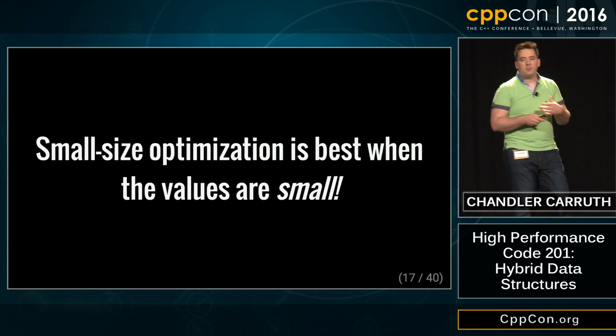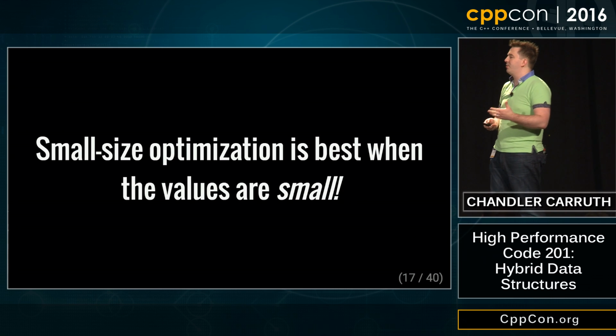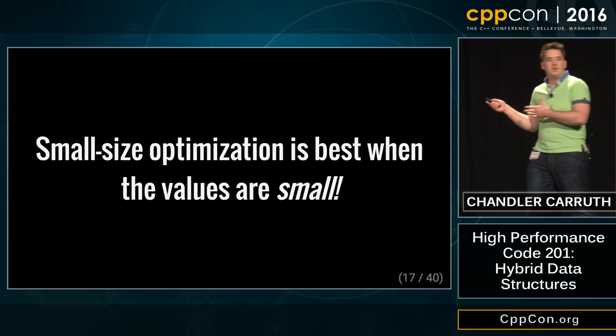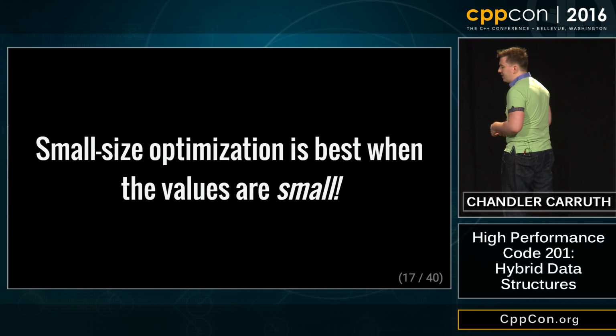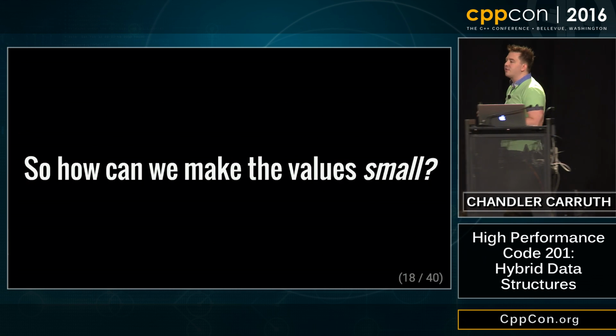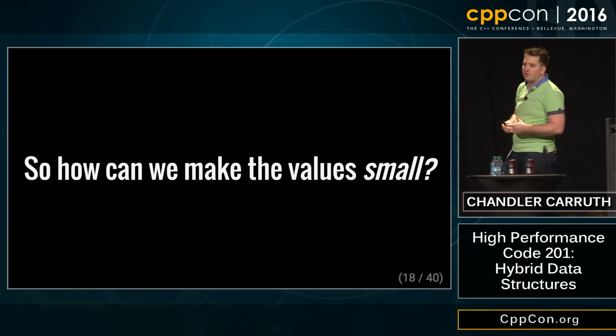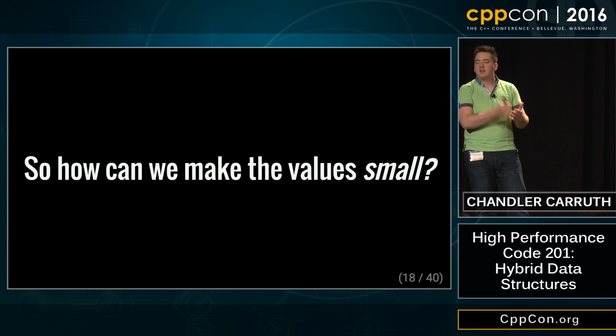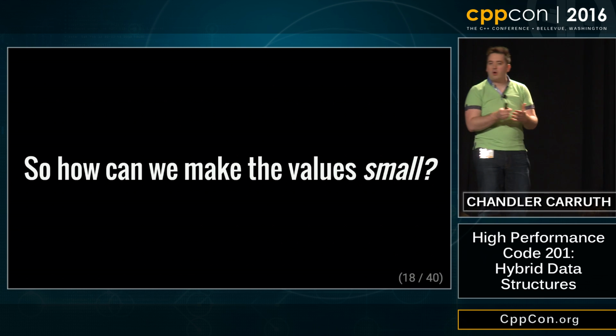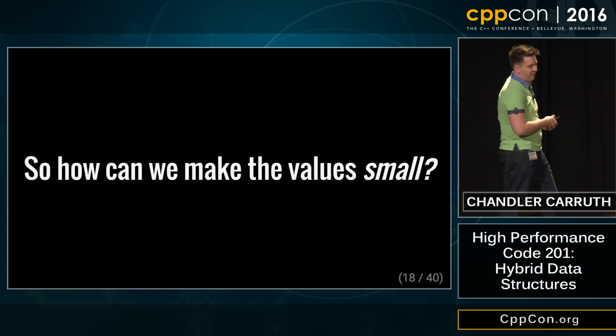And so the bigger challenge in a lot of ways than coming up with a bunch of fancy data structures that use small size optimization, that optimize for small values, is how do we actually make things small enough to benefit from this? So a bunch of LLVM's time is actually spent making its data, its values, especially the ones we put into the data structures, as small, as compact, and as efficient as possible.